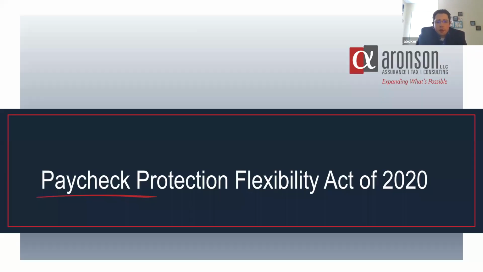So that was an overview of how the PPP loan forgiveness worked under the old rules. But then, a few weeks ago, the Paycheck Protection Flexibility Act of 2020 came into play. What brought this to life is that business owners in certain industries, restaurants, hotels, retail as examples, were up in arms.